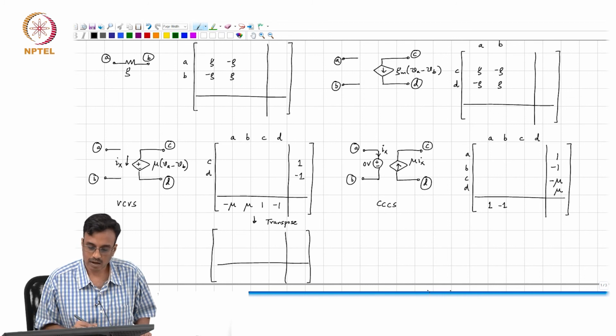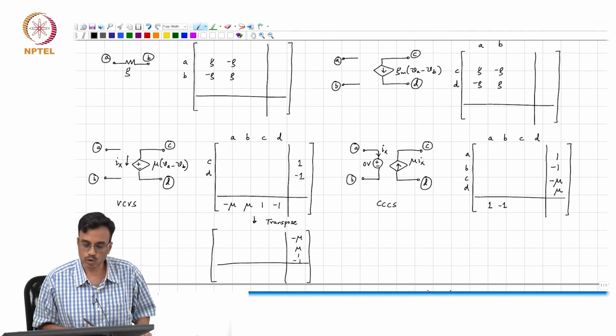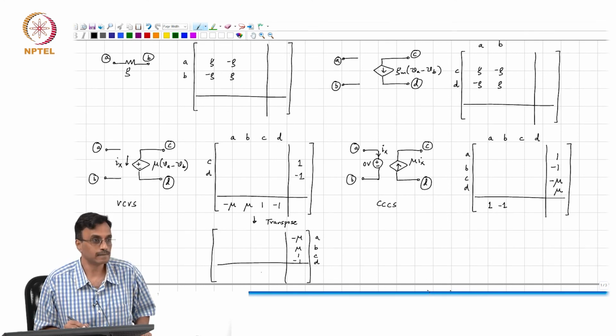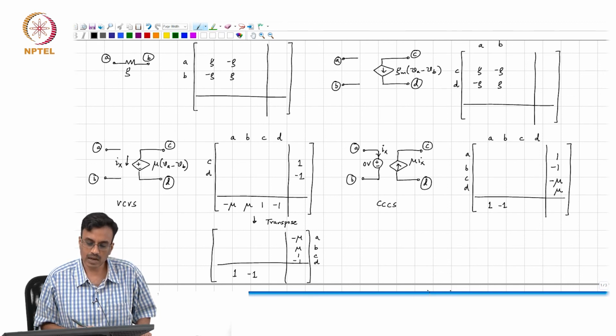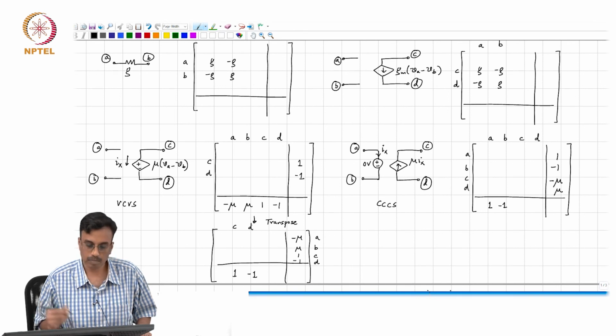You will get minus mu, 1, minus 1, and which rows are they in? A, B, C and D, and what will happen on the last row? 1 and minus 1, and they will be in the C and D columns.